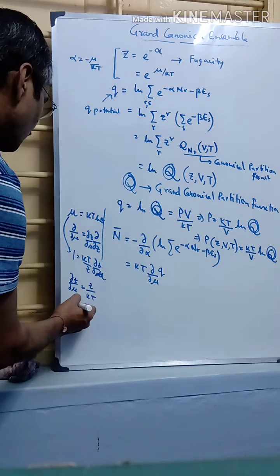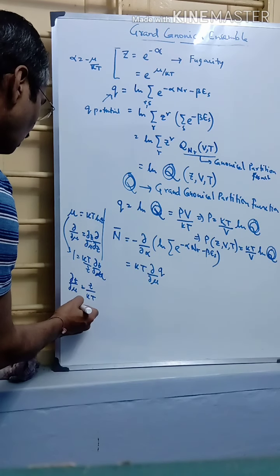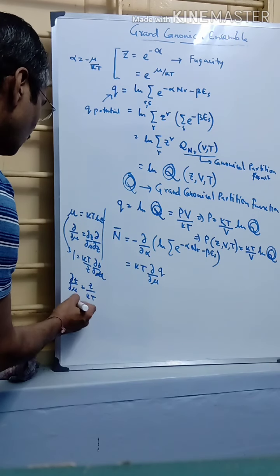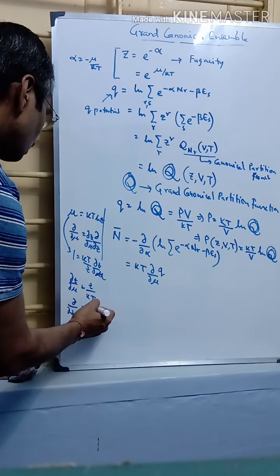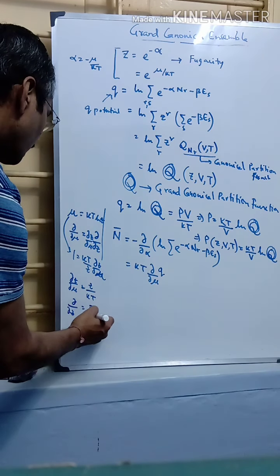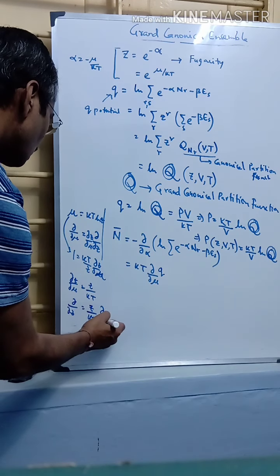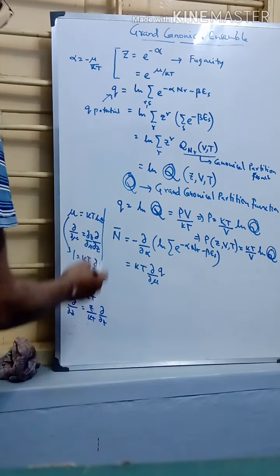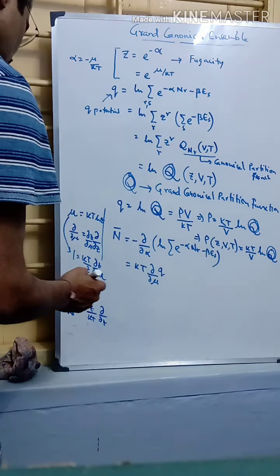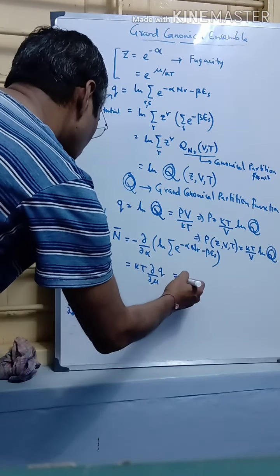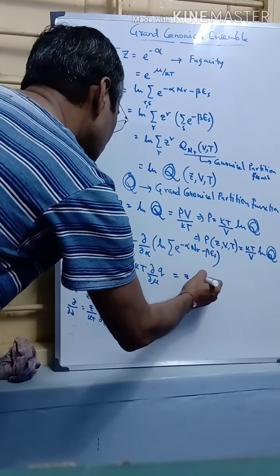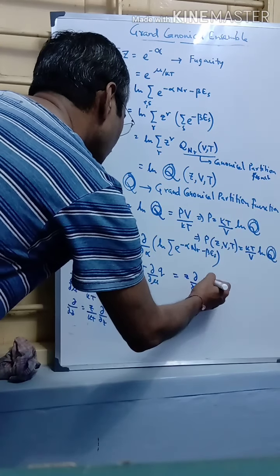So del mu is equal to z by kT into del z, and we can just substitute it over here. We can write z del z of q.